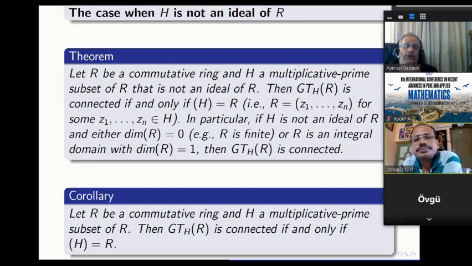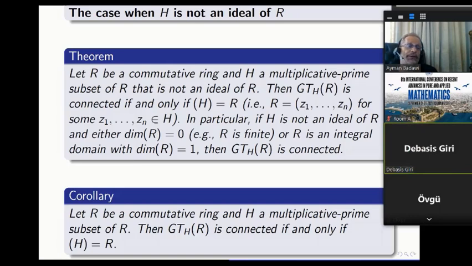I will look at the other case when H is not an ideal. Because in one case when H is an ideal, we're done with that. And in this case, H will be a prime ideal. What about if H is not an ideal? What can we say about this graph? Then, look, if H is not an ideal, then I can talk about the generalized total graph of R, where H is included in the set of vertices.